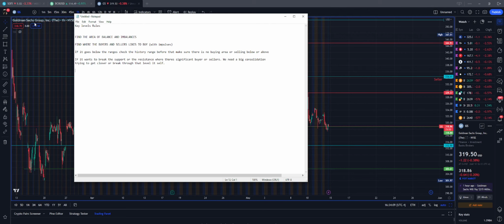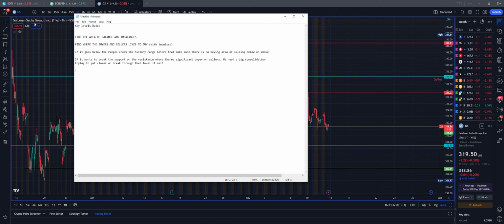Sorry, it's not higher low, it's lower high, right? Once it breaks down, we need to see lower high, another lower high. If you want to see it break high, you're going to see higher low, higher low, higher low. And if you want to see breakdowns, it's going to be lower high, lower high, lower high. That's how you find the weakness or the strength.